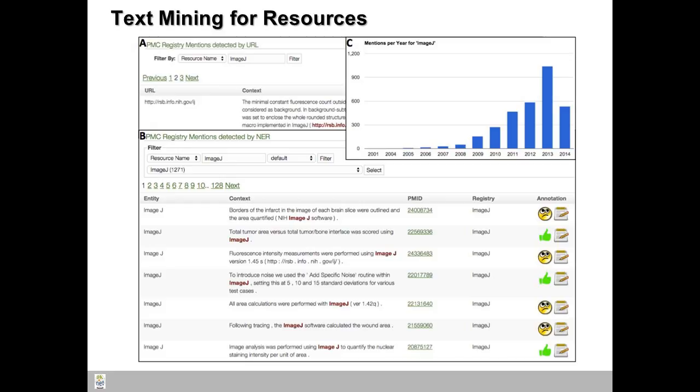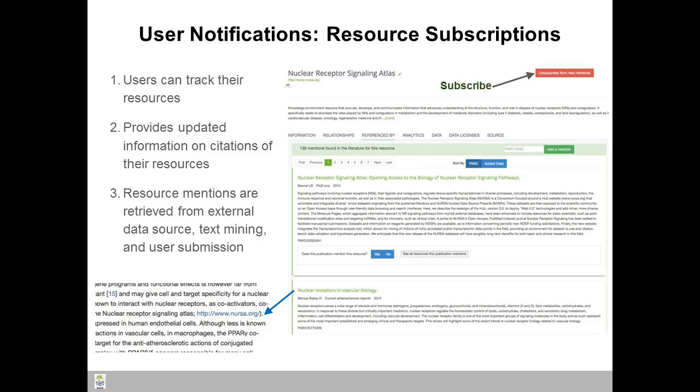And then also we have connections to some of the publisher APIs for search that we can actually do this text mining with. And so we combine all that information and we provide that through the registry itself.